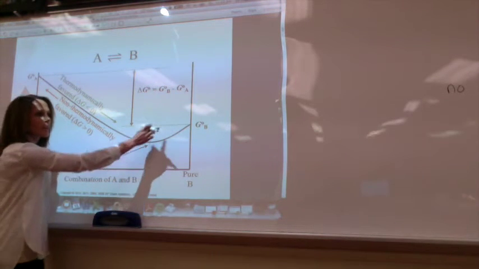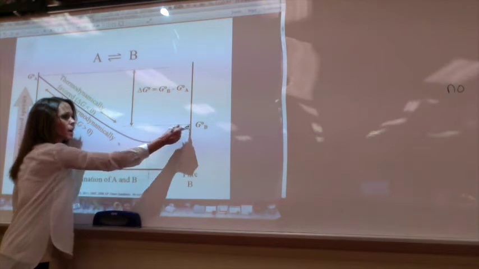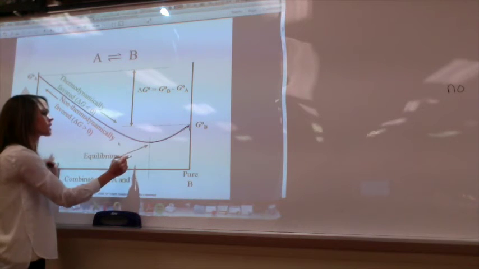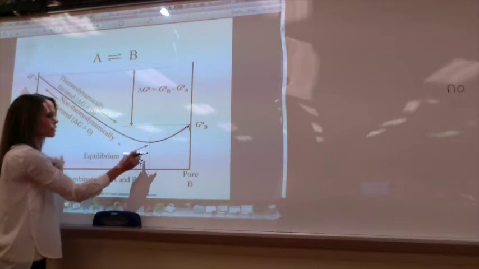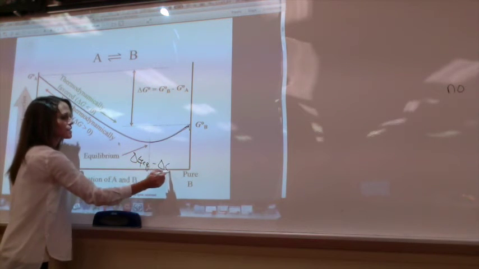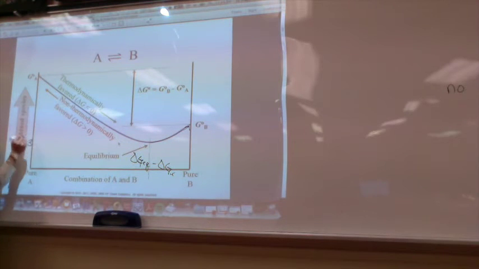You cannot make any more B, because to make B now would require an upslope. So if you consider this as your delta G final, my final spot here is delta G equilibrium, minus my delta G initial. Take this value, pretend that this is, I don't know, a 3, and this is a 10. So 3 minus 10 would give me a negative number, right? Negative 7.